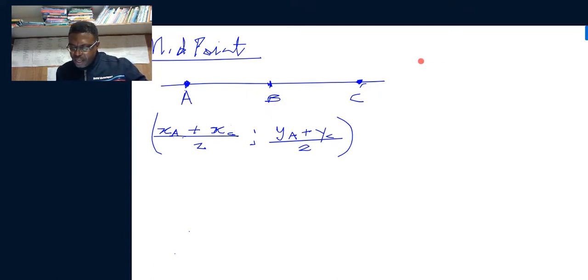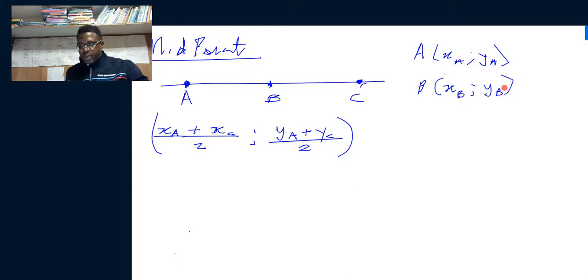So in A, we are given XA, YA, and in point B, we are given XB, YB. This is what we have.